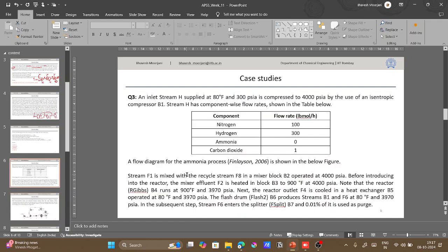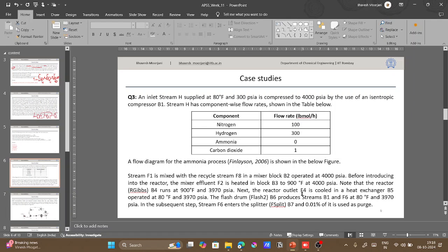This stream F1 is mixed with the recycle stream in the block B2, which is operating at 4000 psi. Before entering the reactor, the mixer effluent is heated to 1900 degree Fahrenheit in this block. Note that the reactor, which is RGibbs, is operating at 900 degree Fahrenheit and 3970 psi absolute pressure.